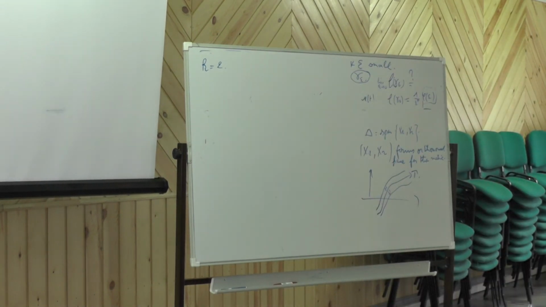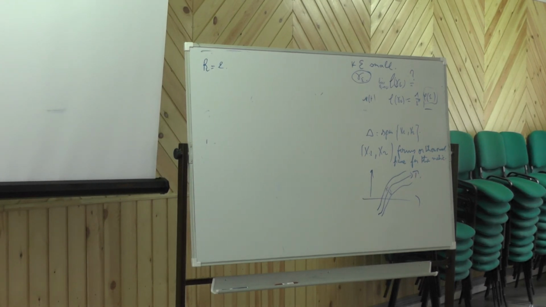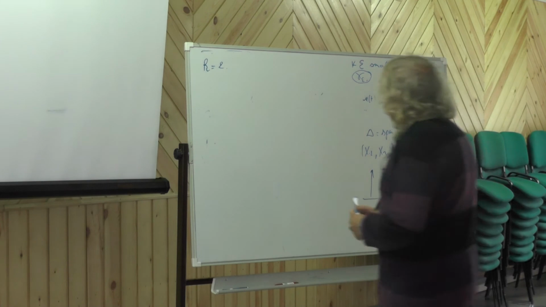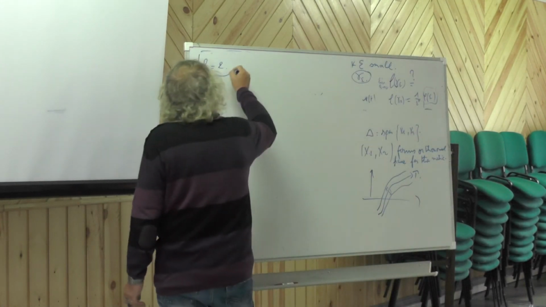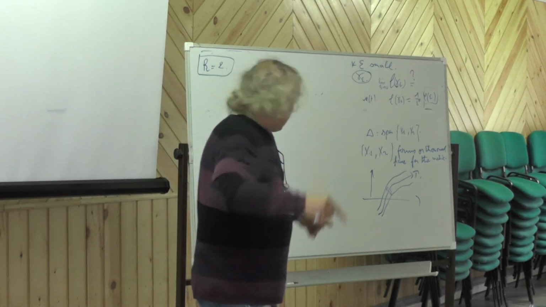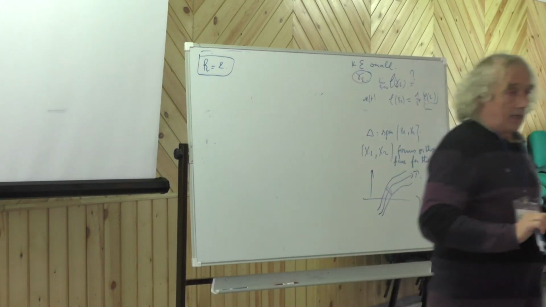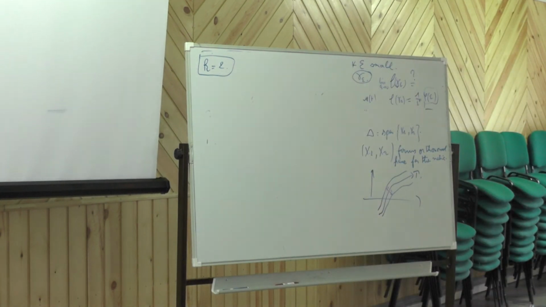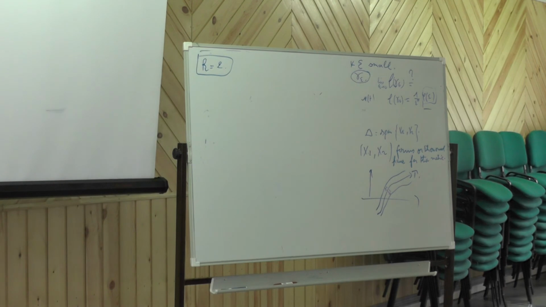Of course, I have a lot of results that I will talk about in the other cases, but the case k equals 2 is especially interesting. All the examples I gave are of this type.